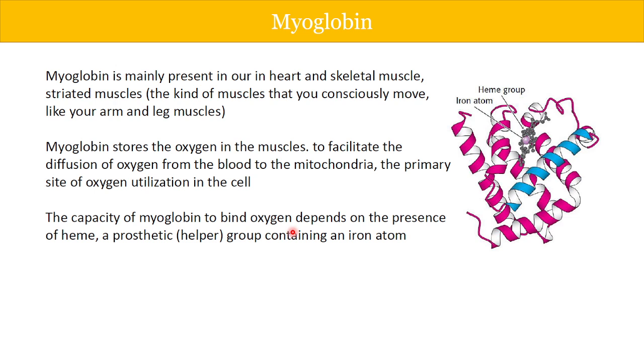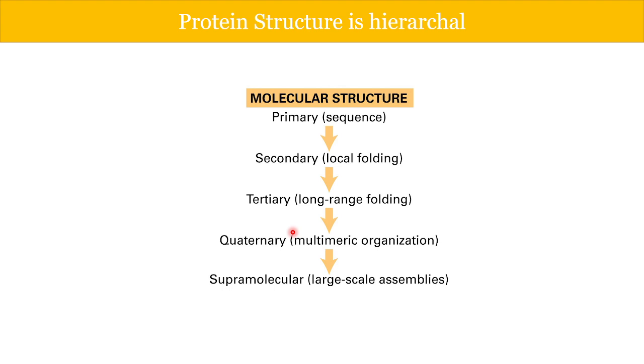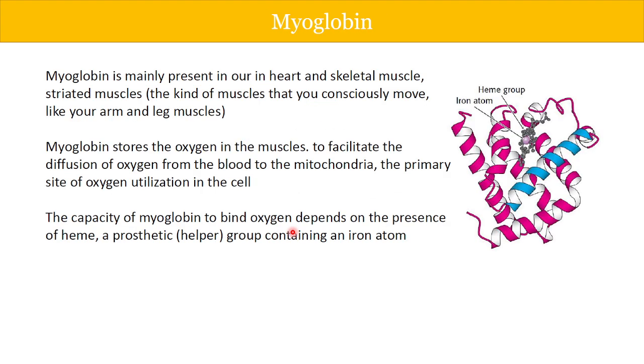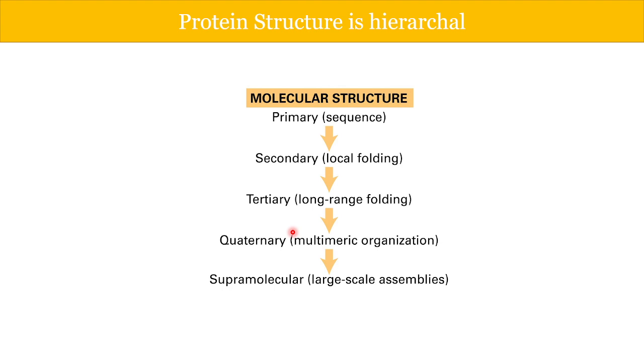The capacity of myoglobin to bind oxygen depends on the presence of the heme. The heme group is a prosthetic group containing an iron atom. So you need to know a little bit about hemoglobin and myoglobin. That is why I did not talk much; I just spoke about whatever is important.